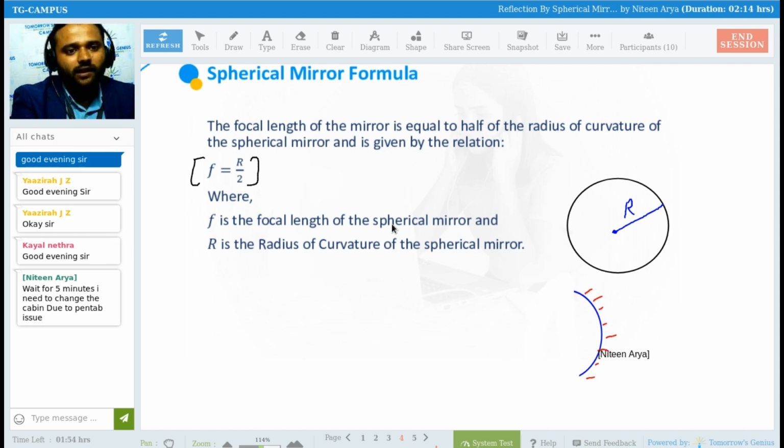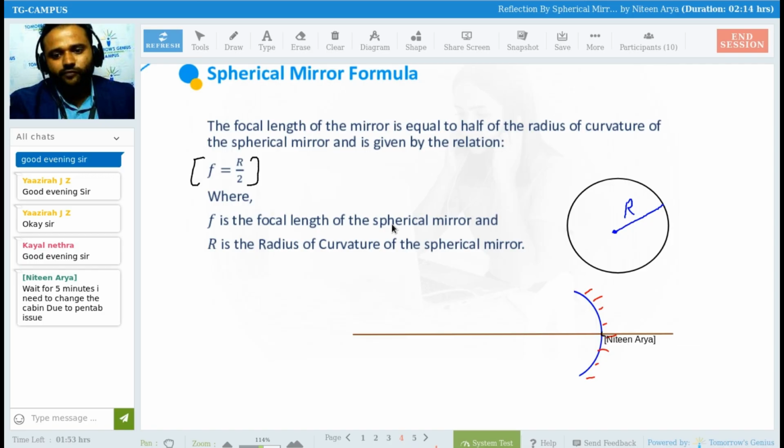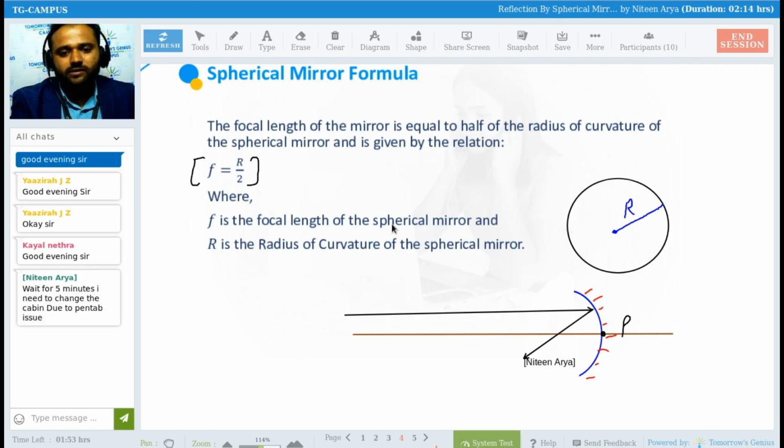We can assume this. And as we already know from the previous class, there is a principal axis. What is the principal axis? A perpendicular axis which passes through the optical point, the midpoint. If any ray is parallel to this, after reflection it is going to pass through the focus.